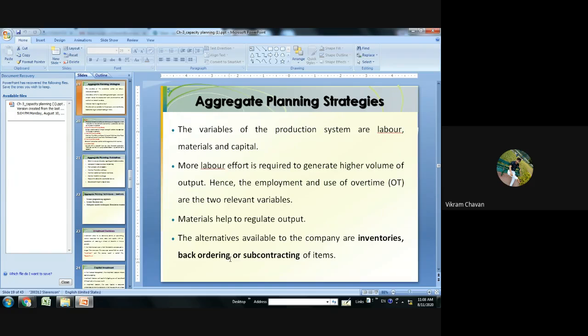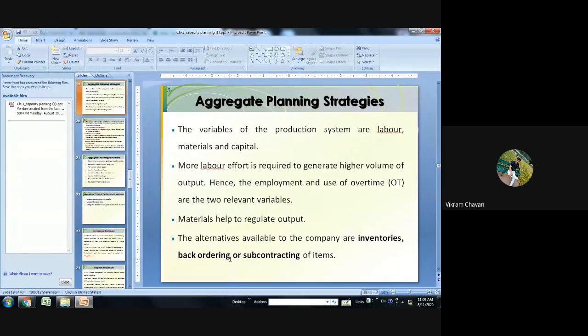While forming the policies related to aggregate planning, that is nothing but what? Aggregate planning strategies. Now, what are the alternative variables available to the firm? That is inventories, back ordering, and subcontracting. These are the alternative variables for any firm to do the planning.